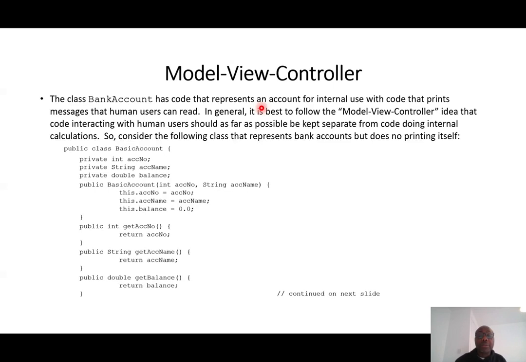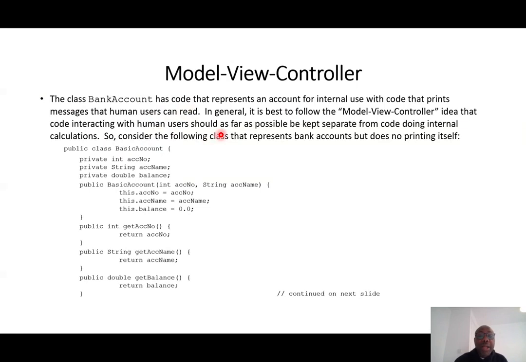You have the model part, for which you usually use the normal Java code, and then the view, which is the output and input interface, for which you can usually use JSP, that is Java Server Pages, and the C, which is the controller, which connects the view and the model, and which can be implemented with servlets, that is Java servlets. You have been taught servlets in your cloud computing and some Java programming tasks.